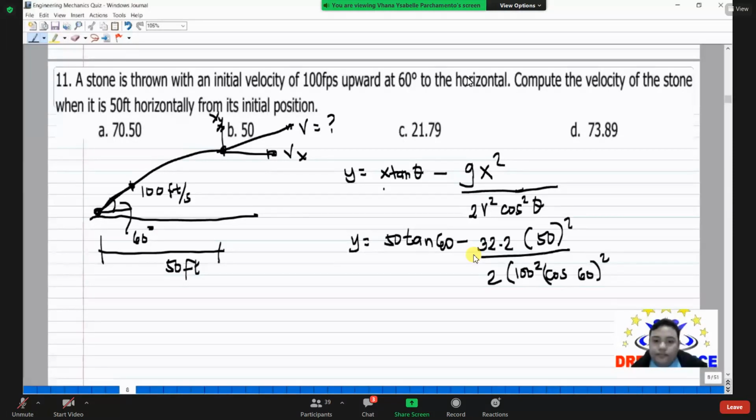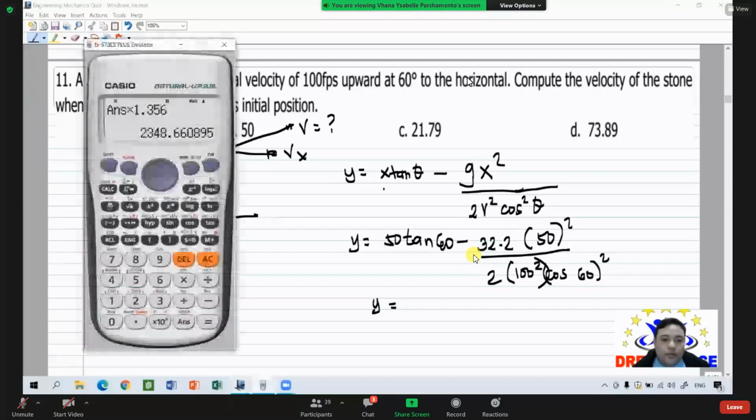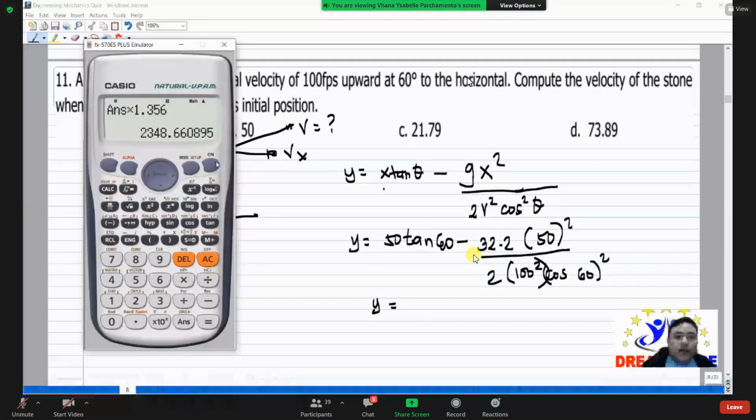Ayan. So, makukuha na natin yung y. Para meron pa tayong isang given. Para magamit natin yung iba. So, 50 tangent 60 minus 32.2 times 50 squared all over 2 times 100 squared cosine of 60, the quantity squared.